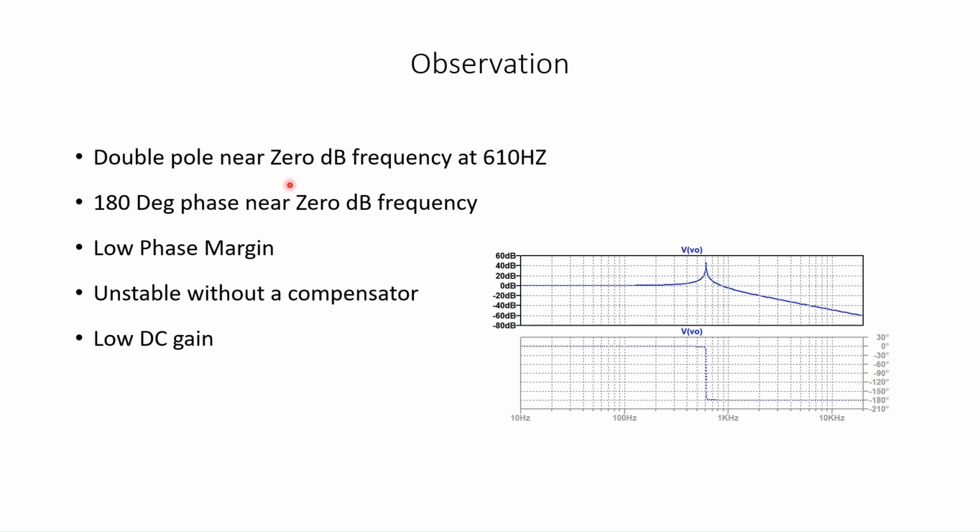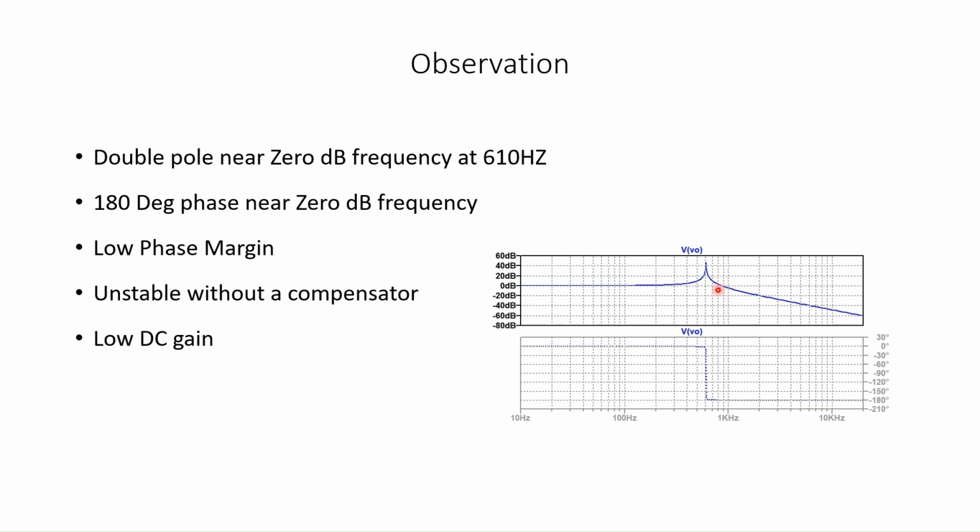Double pole near the 0 dB frequency at 610 Hz. So we have a 0 dB frequency, 0 dB here. So there is a double pole near the 0 crossing, and 180 degree phase near the 0 dB frequency.